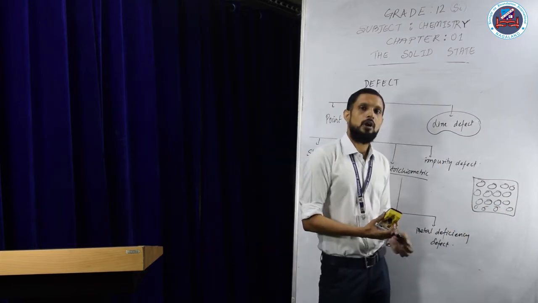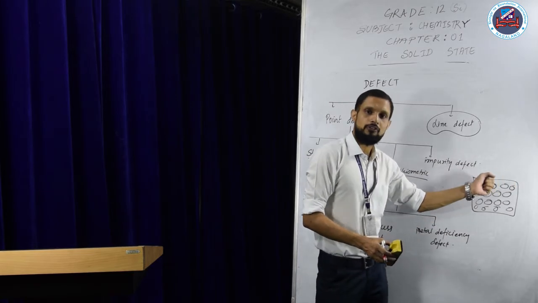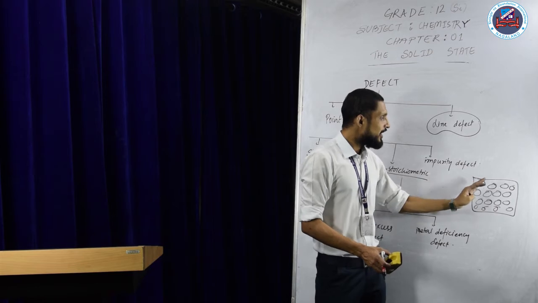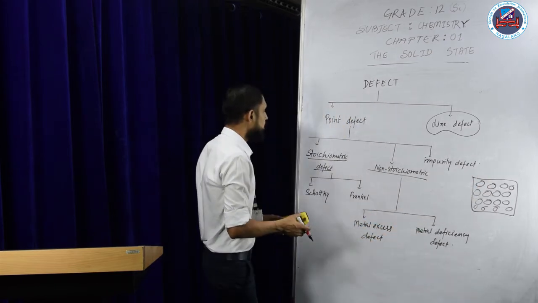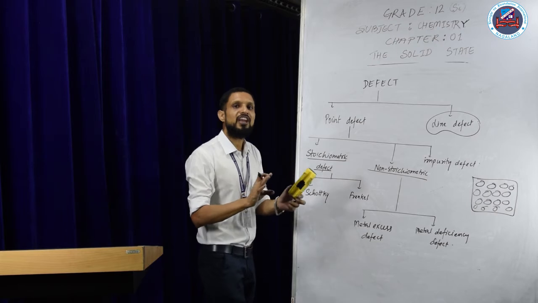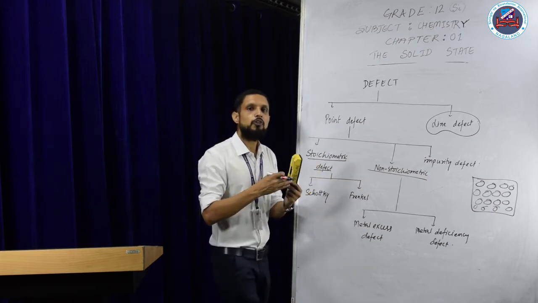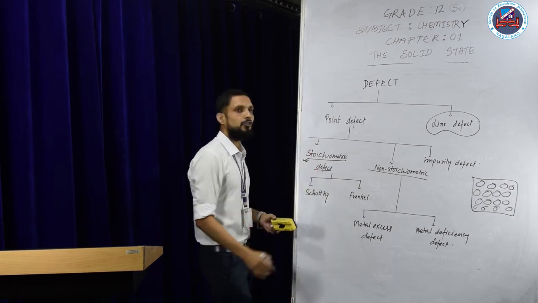The defect will arise when there is an additional atom, or atoms are missing from the crystal. Now, if the defect causes no change in the formula, that means even if there is a defect, the formula remains the same, it is known as stoichiometric defect.